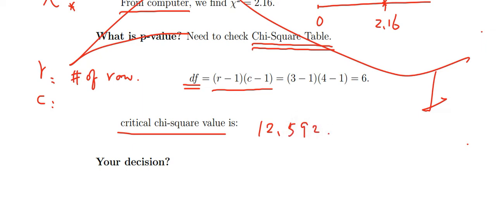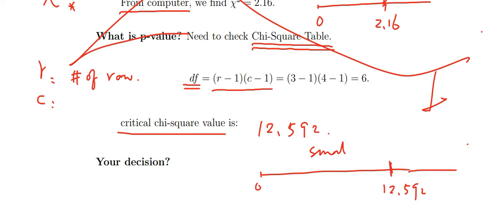We use this number to make our decision, as our standard. A number less than this we regard as small, and larger than this we regard as big. Our number here is 2.16, so we can regard it as a small number.